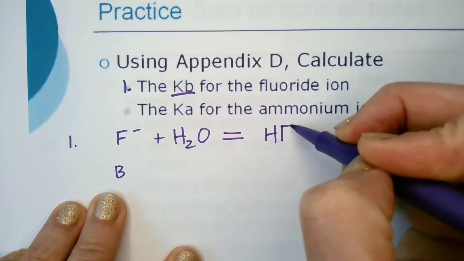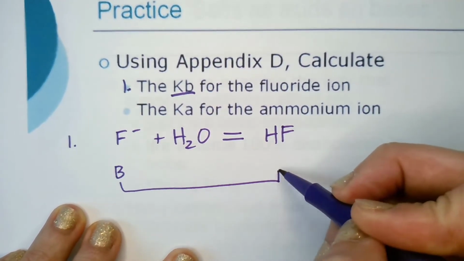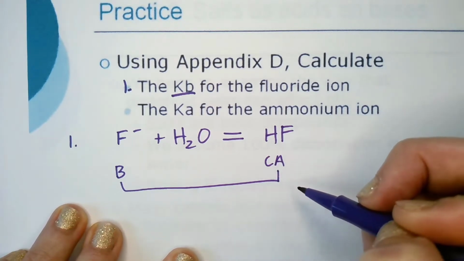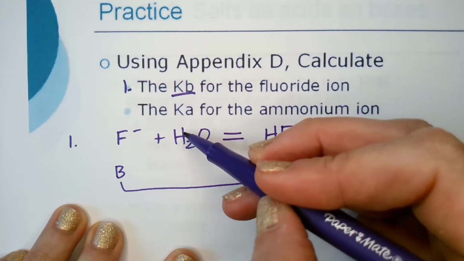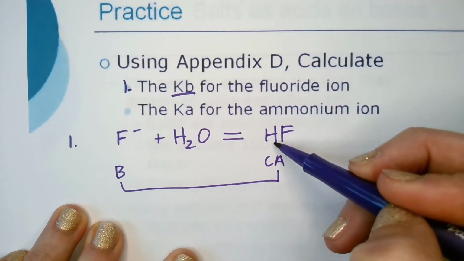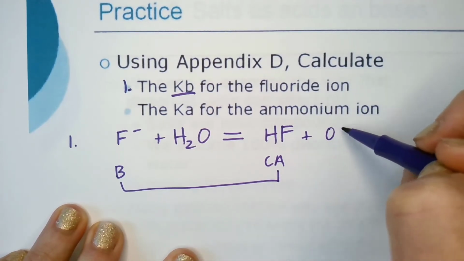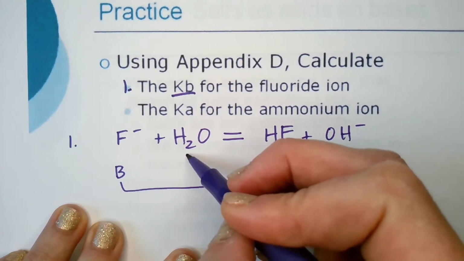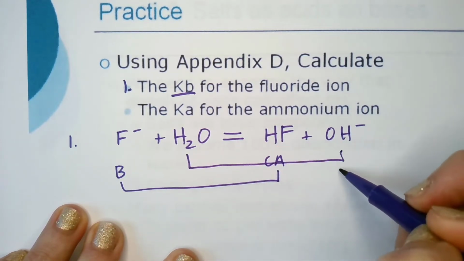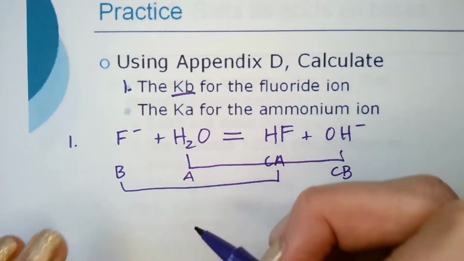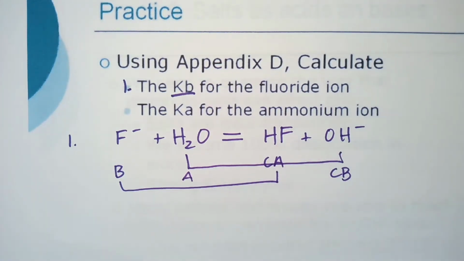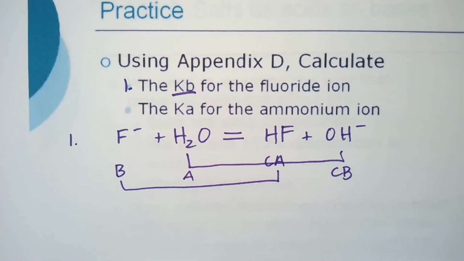This is going to be my Bronsted-Lowry base. It's going to form its conjugate acid, and H2O is going to have donated that H, so we're left with OH negative. Here we have our conjugate base, and water is acting as an acid.